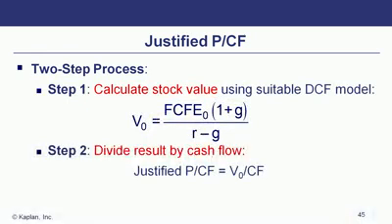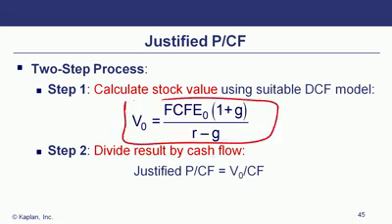So, a two-step process for the justified price to cash flow. We calculate the stock value using a sustainable discounted cash flow model. This should be a review of what we've seen: you can calculate using the free cash flow to equity, very similar to the Gordon growth model, just substituting free cash flow to equity instead of dividends. And then we divide the result.